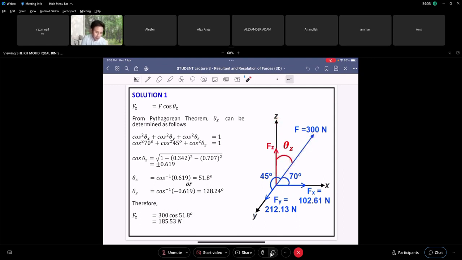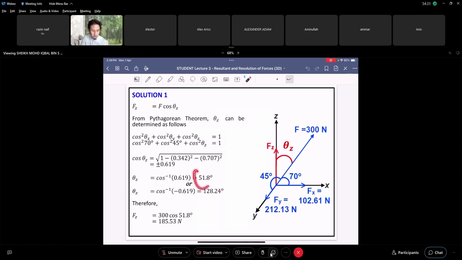So that's why we choose this one as the answer for theta z and not this one. Because it does not make sense for this angle to be 128.24 degree. This is more than 90 degree, right? And it does not make sense if it's 128.24 degree for this angle here.